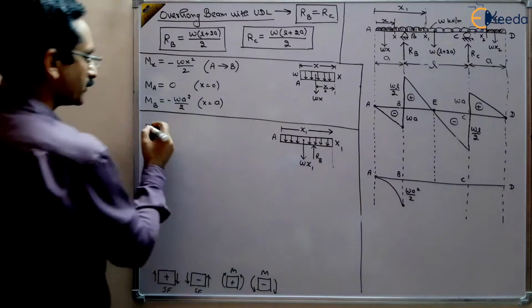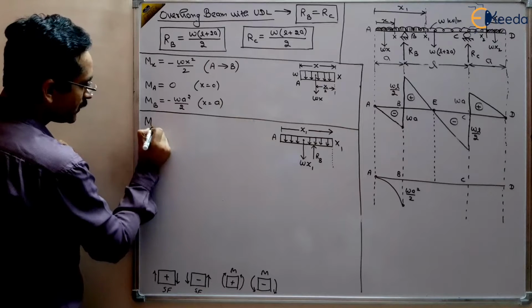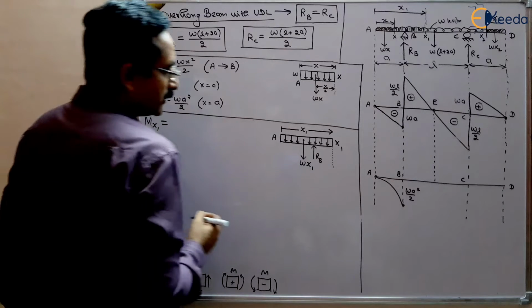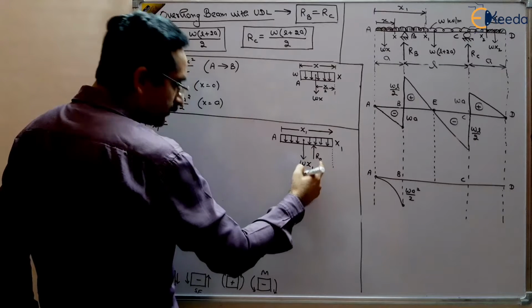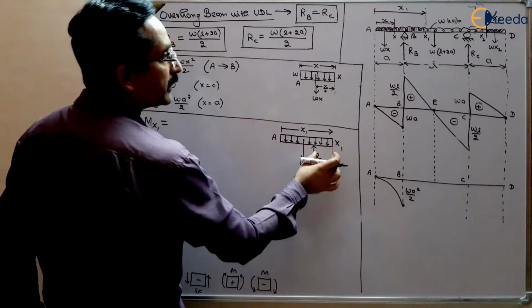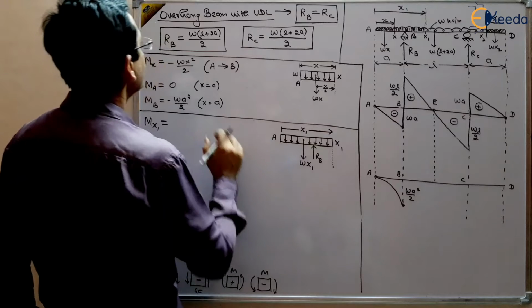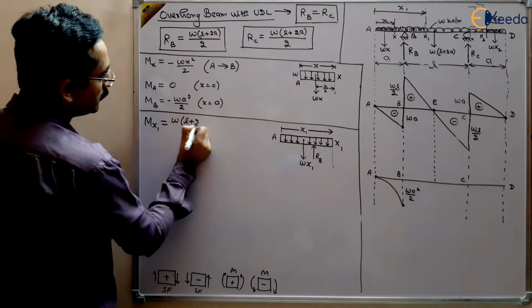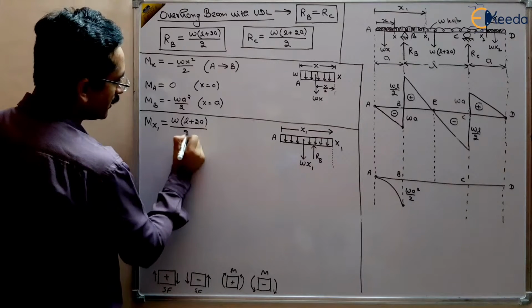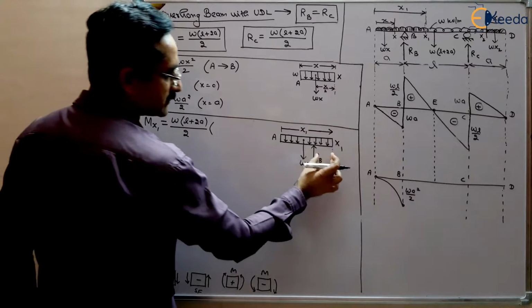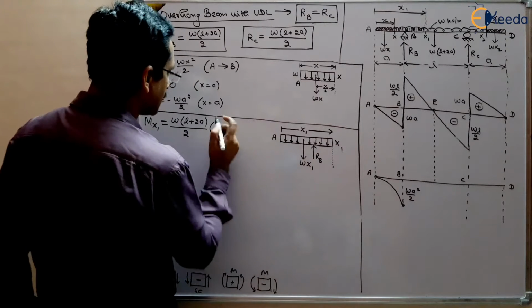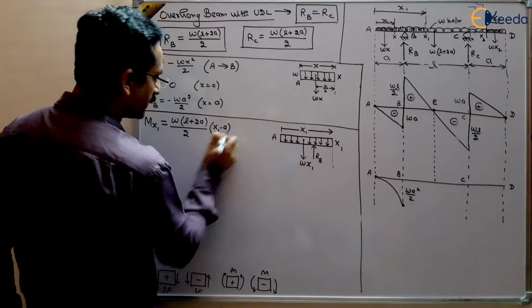So we can find out the moment at x1. RB is positive, so RB multiplied by x1 minus a. What is RB? W(L plus 2a) by 2, multiplied by the perpendicular distance between RB and x1, which is x1 minus a.